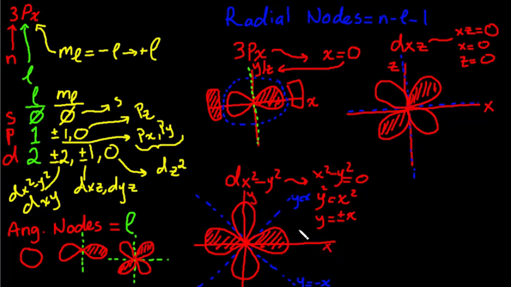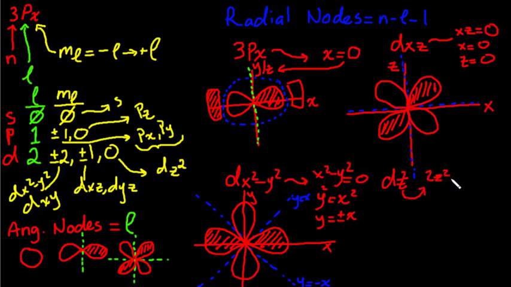Next, let's take a look at an example, dz squared. Now dz squared is just an abbreviation. The actual orbital in this case is 2z squared minus x squared minus y squared.